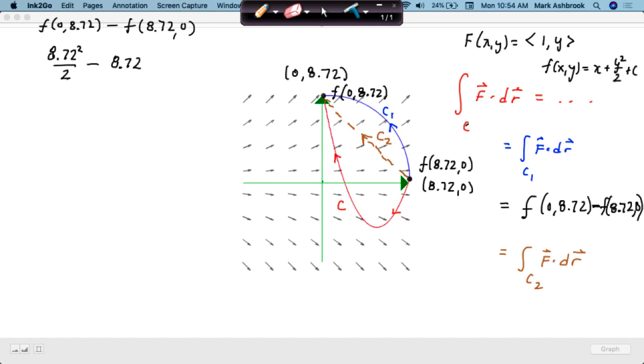Could be magnetism. Okay, but that's not a quantity. What quantity? Work done by the field on an object moving along that path. Yeah, if this is a force field, then it's the work done by the field on the object as it moves along that path. So it's the work done by F.